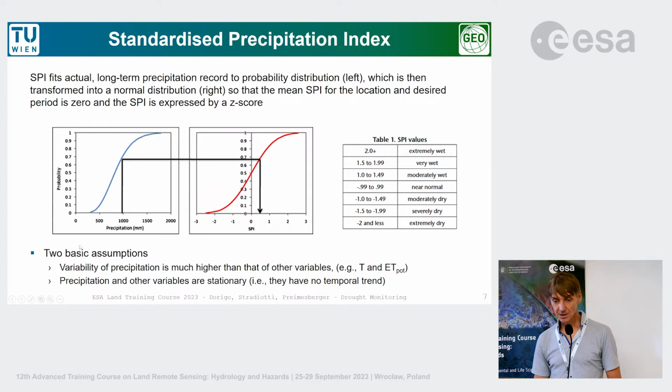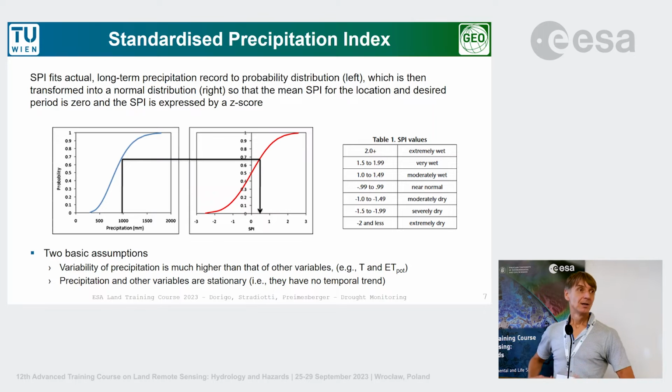This is the probability of precipitation accumulation for long periods, a climatological mean, let's say 30 years, the standard meteorological reference period. The probability of getting precipitation below 500 is only 10%, and getting amounts above 1500 millimeters is also about 10%. So those are the extreme tails.